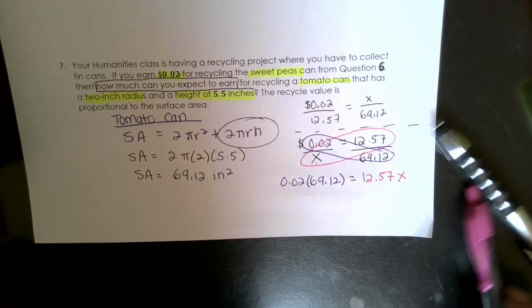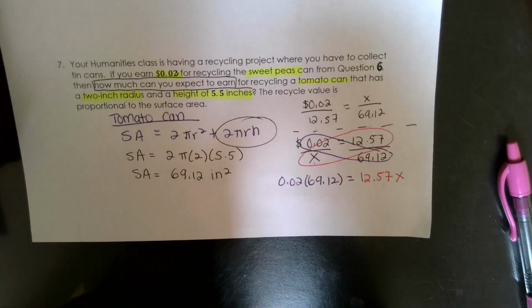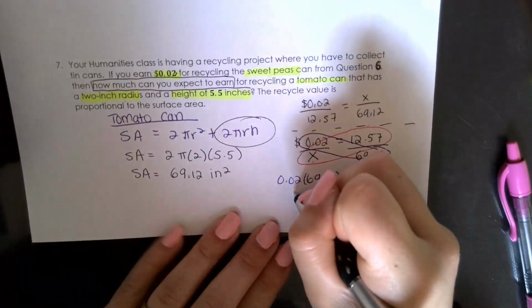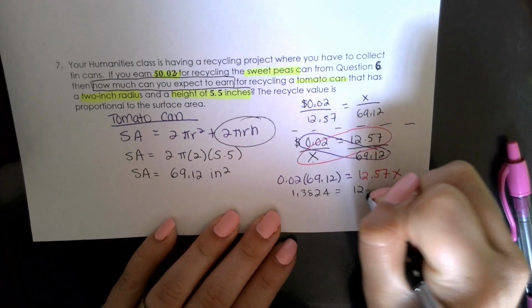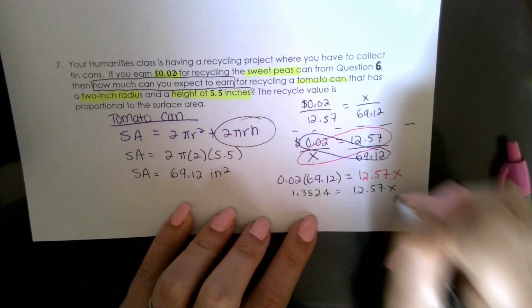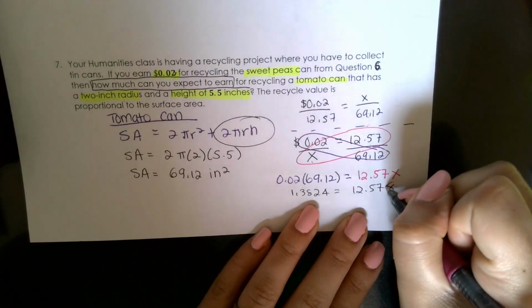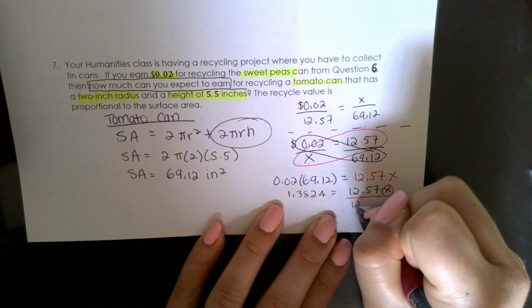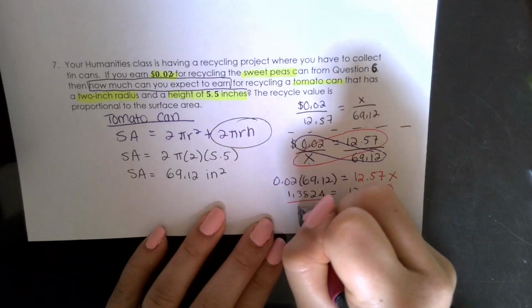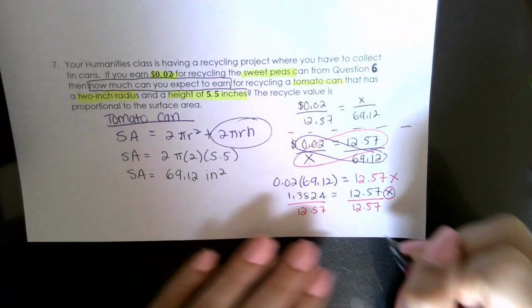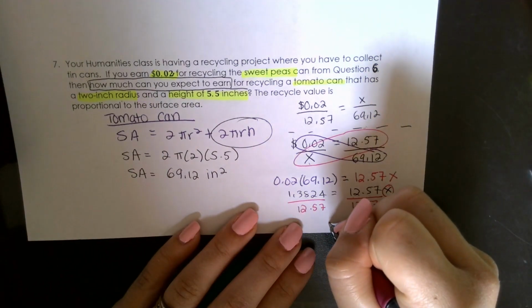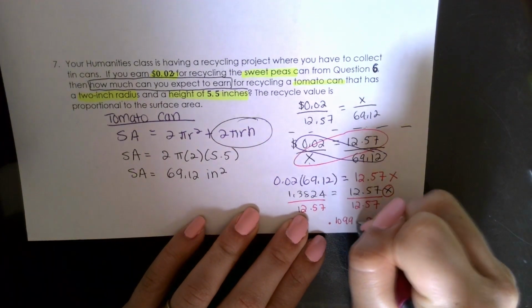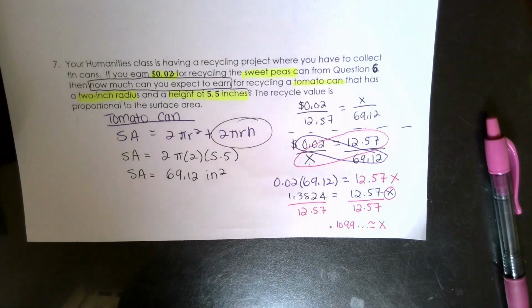So now we're going to multiply this. You'll get 1.3824. I'm not rounding yet. And I want to solve for x. So I divide. X equals 0.1099 and so on. So how much are you really earning?